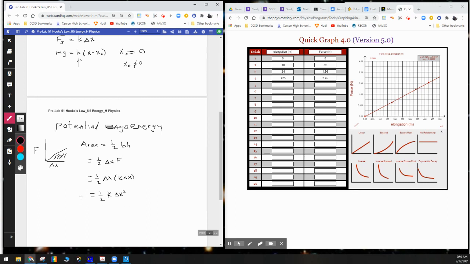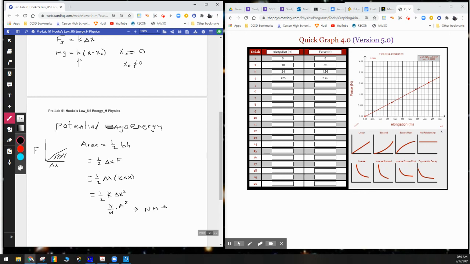Let's take a look at the units here. The spring constant has units of newtons over meter, and delta X squared is meters squared. If I look closely, one of the meters cancels out, so we just have newton meters.